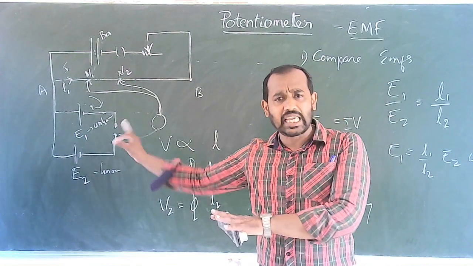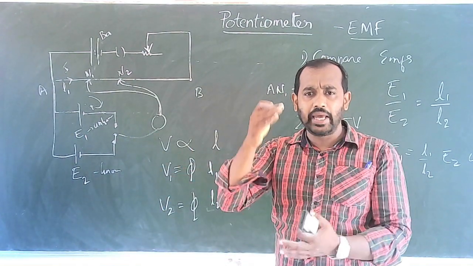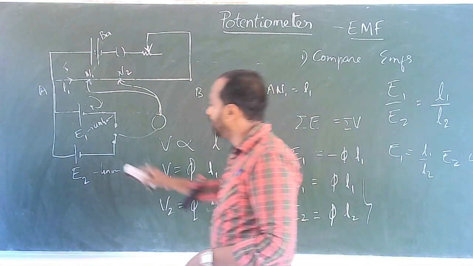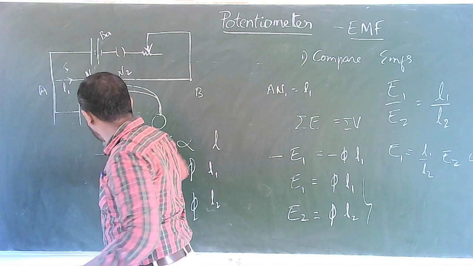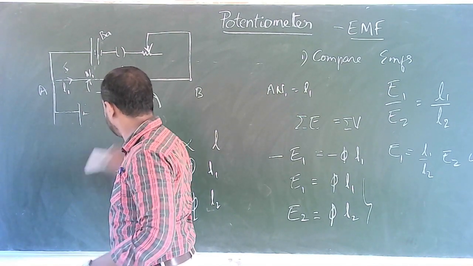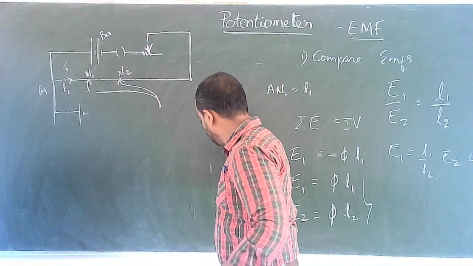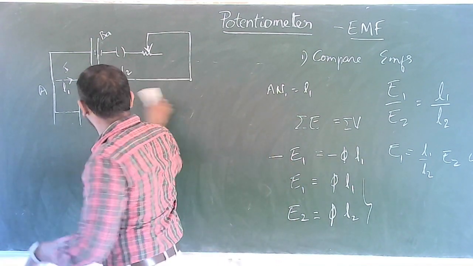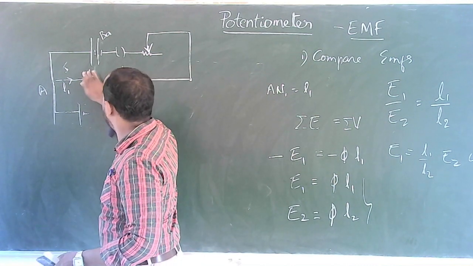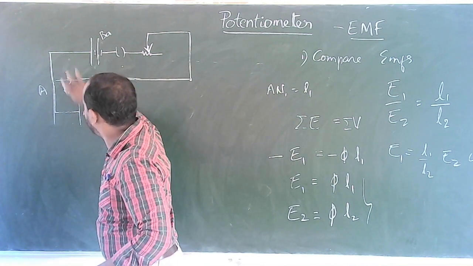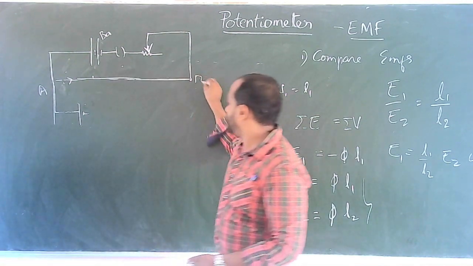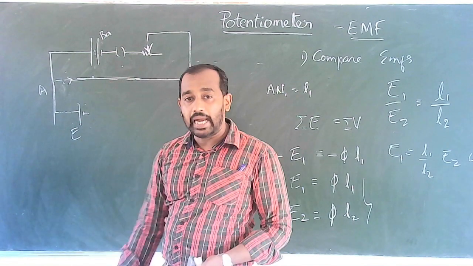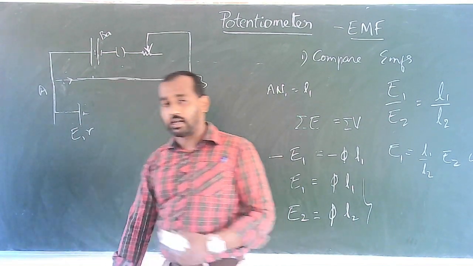The circuit is again the same, but since we are not comparing the EMFs, there won't be two cells. There is only a single cell. So I will take a single cell like this, whose EMF is represented as E and internal resistance is represented as r.